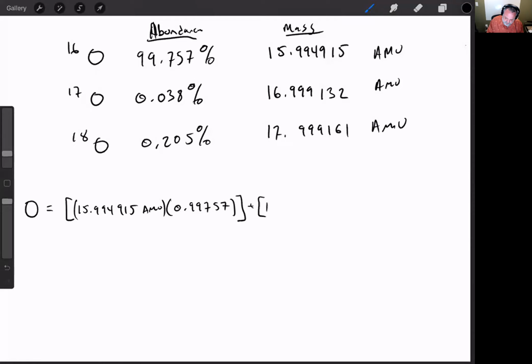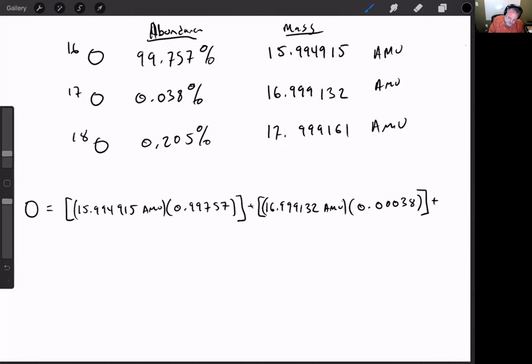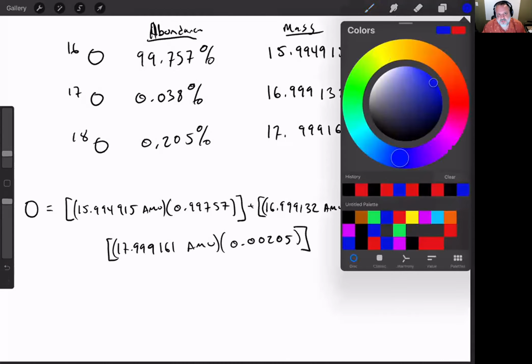Let's do the next one, 16.999132 AMU times 0.00038. Oops, two more zeros, 0.00038. Plus 17.999161 AMU times 0.00205.